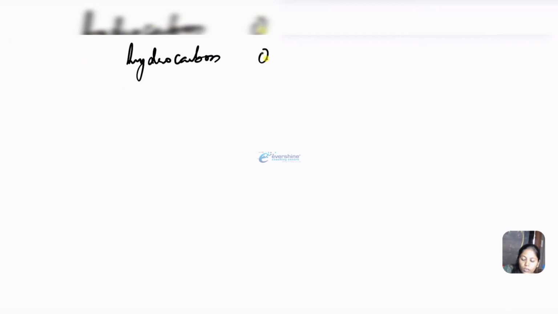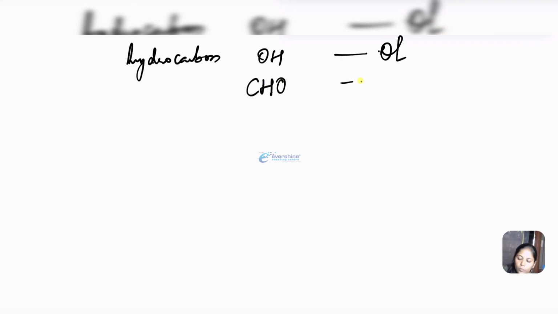Okay. So if a hydrocarbon has OH as a functional group, how should you name it? OL. If it has a CHO group, how should you name it? AL. If it has a COOH group, how should you name it? OIC acid.